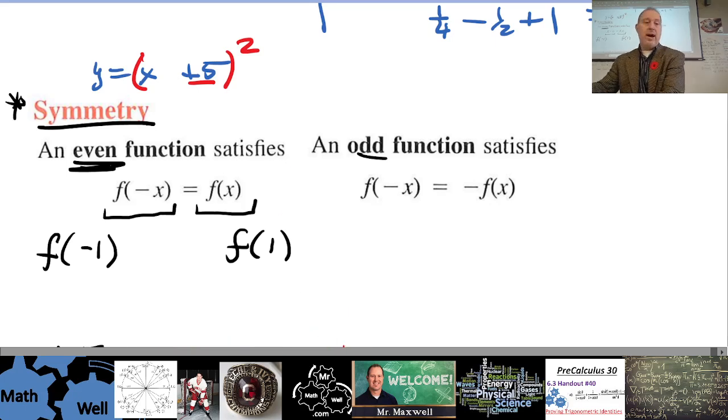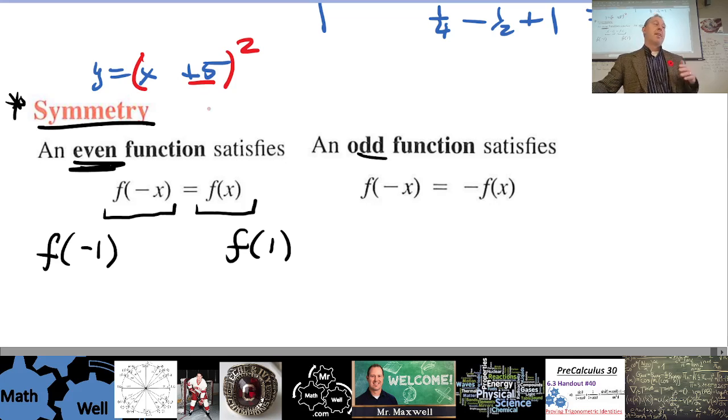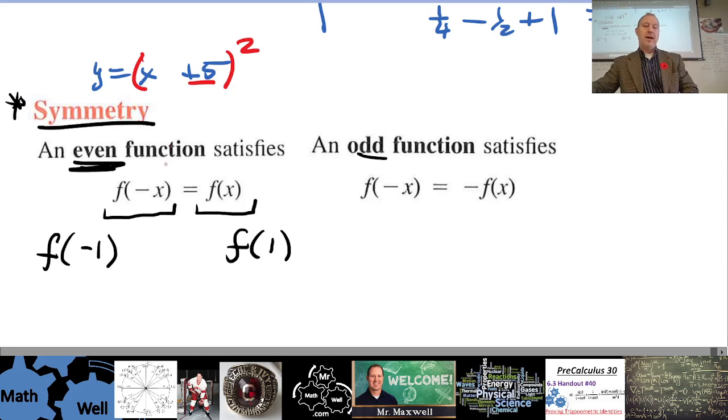Now, we know what happens to this parabola because of your work in Pre-Cal 30. Does anyone remember? It's a parabola that opens upward, and instead of having a vertex at the origin, it's moved left 5 units. Well, let's just see what happens here then. If it's moved left 5 units, then we would think that there wouldn't be symmetry about the y-axis. There would be symmetry somewhere else.